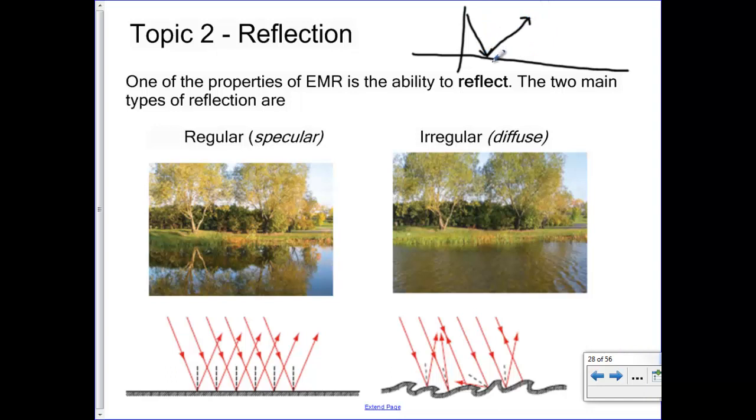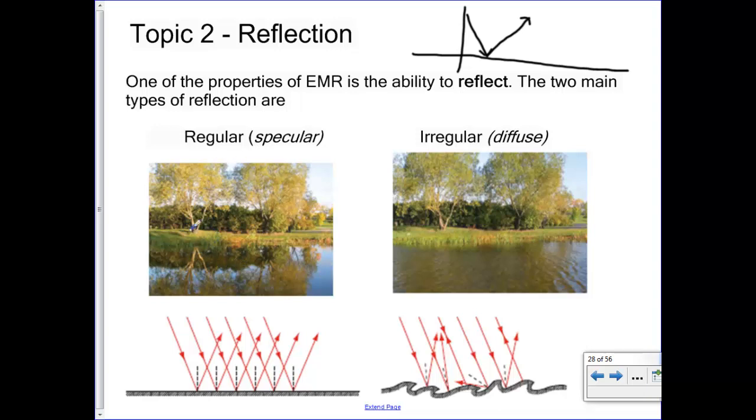Okay. So the two main types of reflection I need you guys to know about are regular, which is known as specular, or irregular, which is diffuse. Just to start, I want to illustrate a picture here. Imagine that this is a beautiful, calm day. You can see how light is obviously making the picture very similar when you see it bouncing off the water.